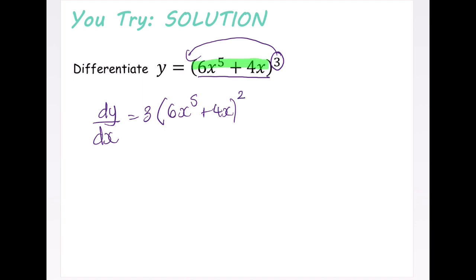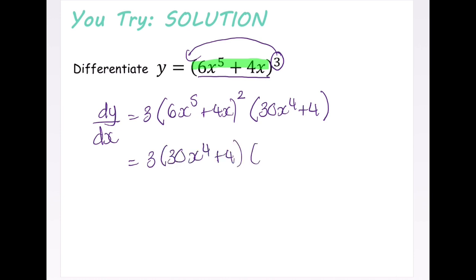Finally, we have to multiply this by the differential of the brackets. So what does that get me? 6x to the power of 5 is 30x to the power of 4 plus 4. And that's it. I could leave it like that, or we could rearrange it as 3, 30x to the power of 4 plus 4, 6x to the power of 5 plus 4x all squared.